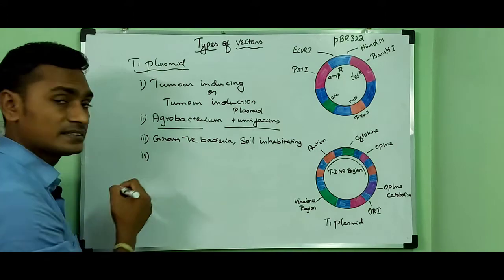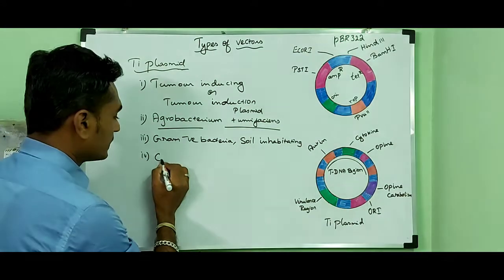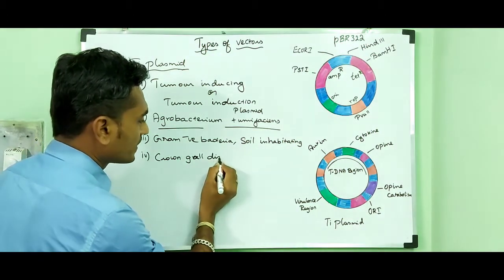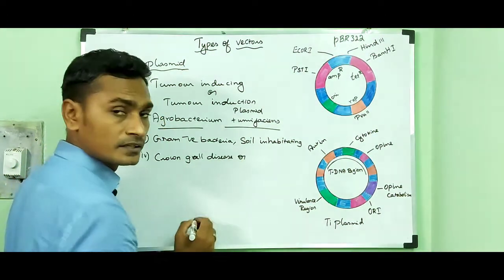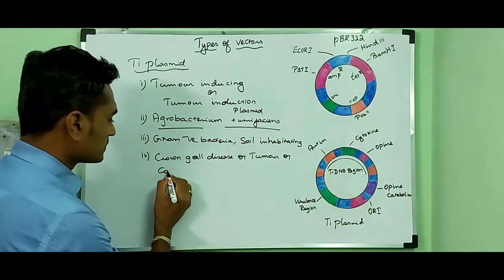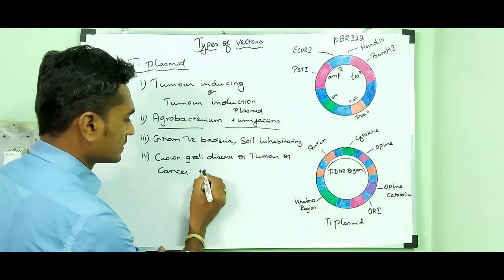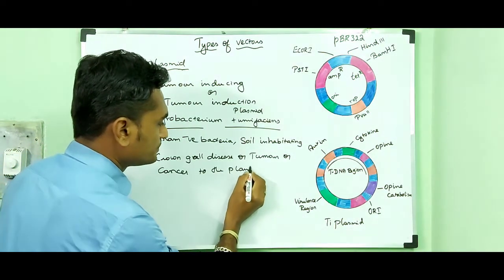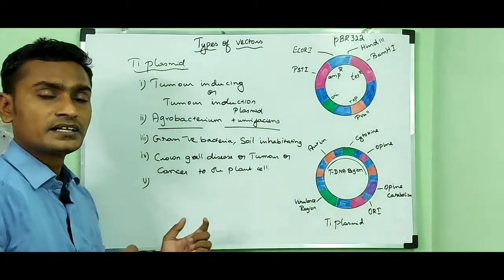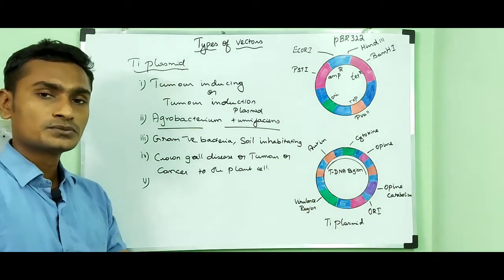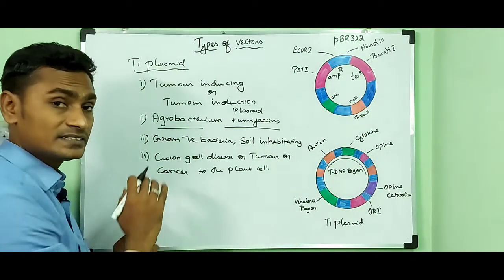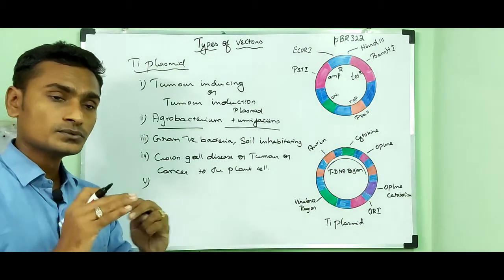So this bacteria can cause crown gall disease or tumor or cancer to the plant cell. Then it can infect the plants through wounded parts or breaks.